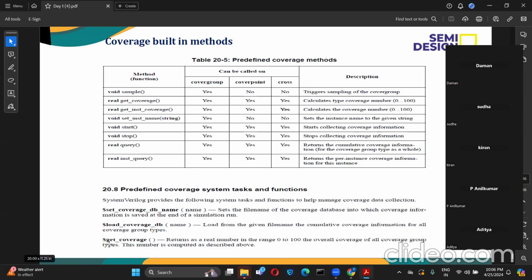Usually we can use this system function or the method get_coverage, and you can fetch the coverage number we have got, if you want to display it in any of your reports. So with .get_coverage you can fetch that value and use it in $display to display that particular value. That way this will work.